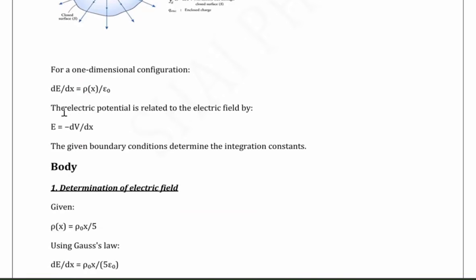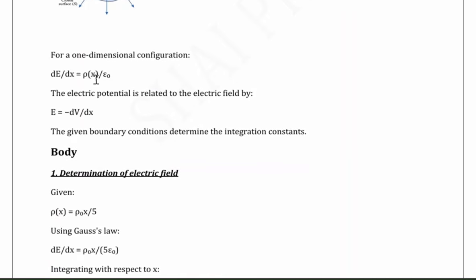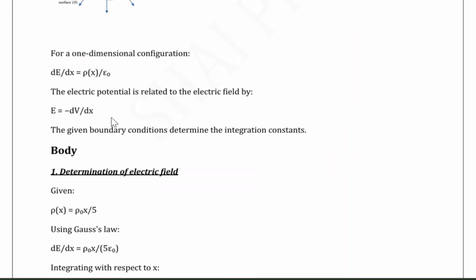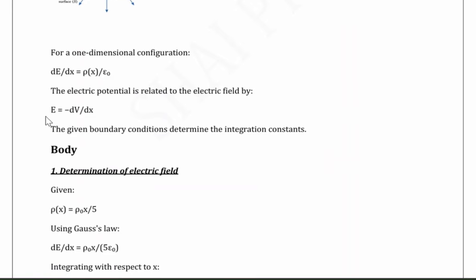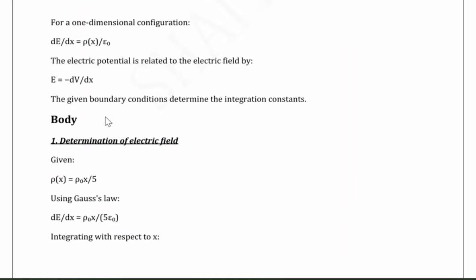Now the equation in one dimension is d E upon dx equals rho upon epsilon, where rho is the volume charge density, which depends upon x, and the potential relation with electric field is given by this, that is gradient of potential with respect to x.